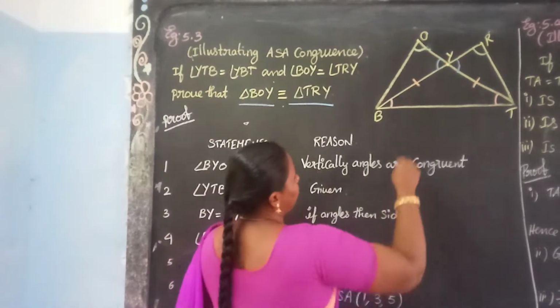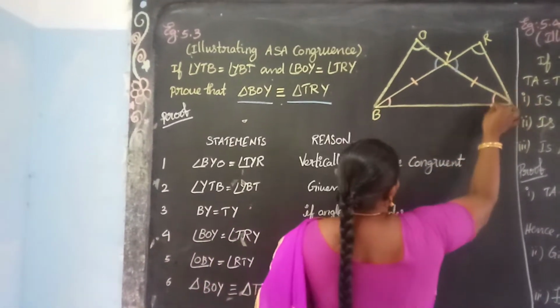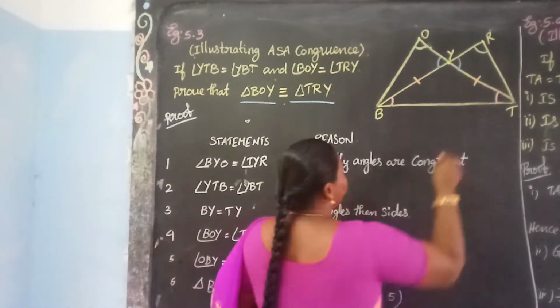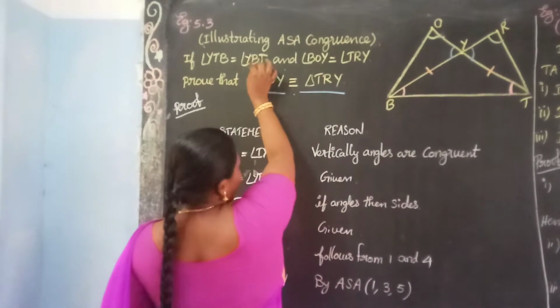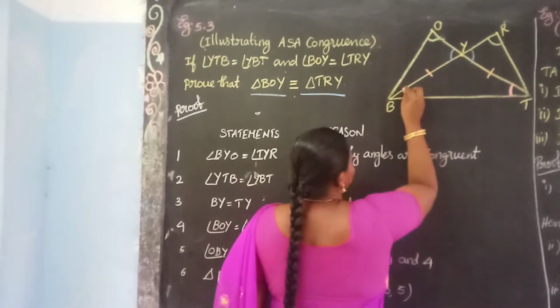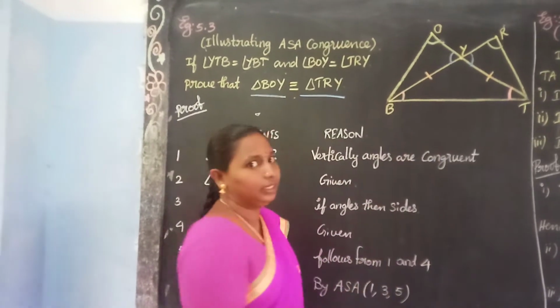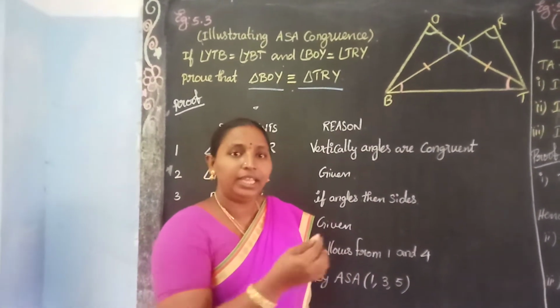YTB. So what is YTB? This angle, which I marked in pink color, should be equal to angle YBT. So both these angles are equal. Already we know: if angles, then sides.